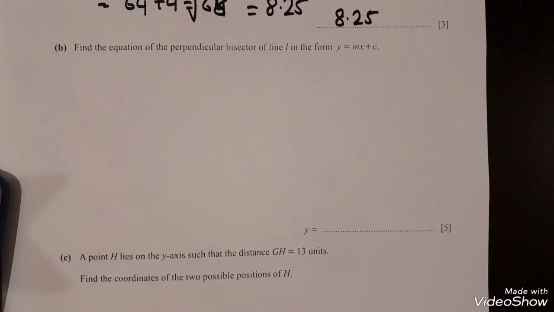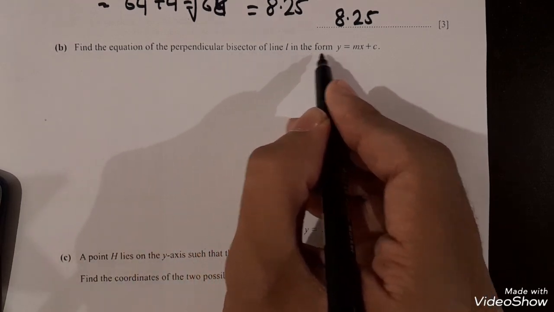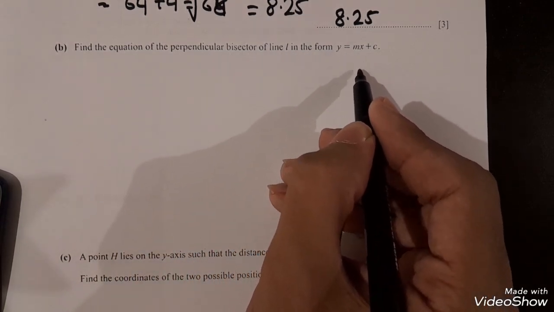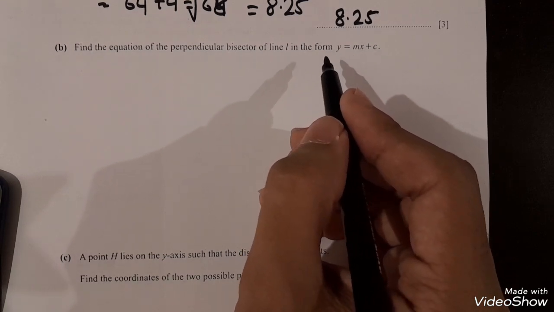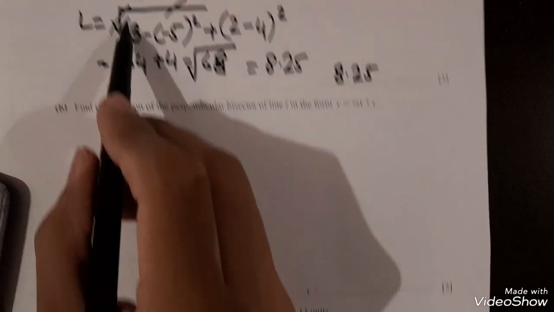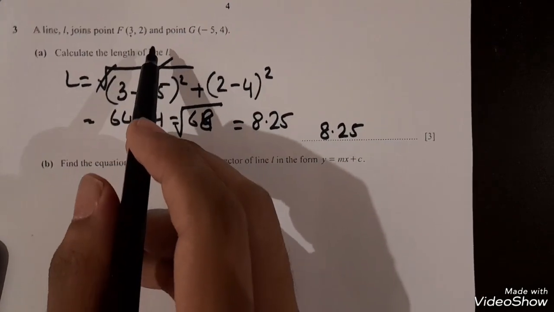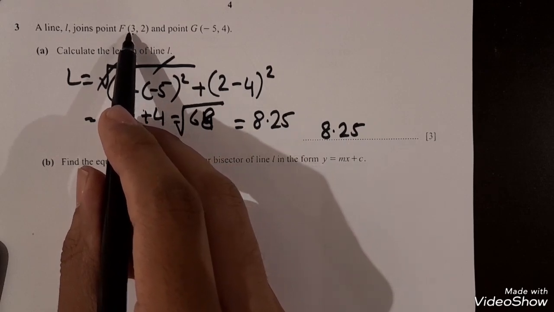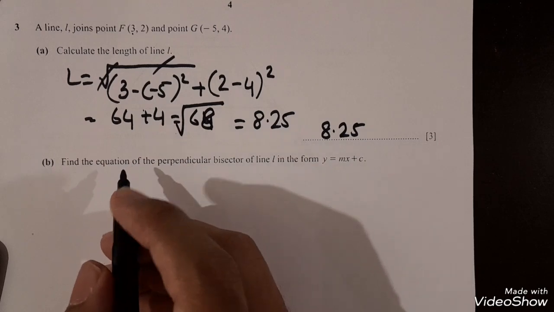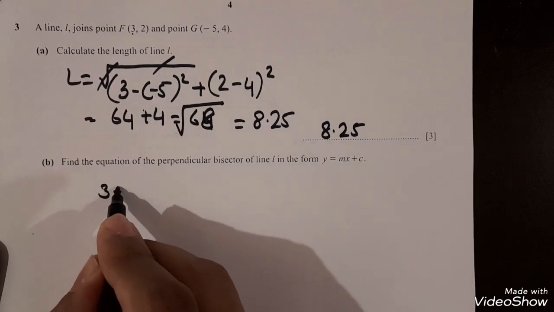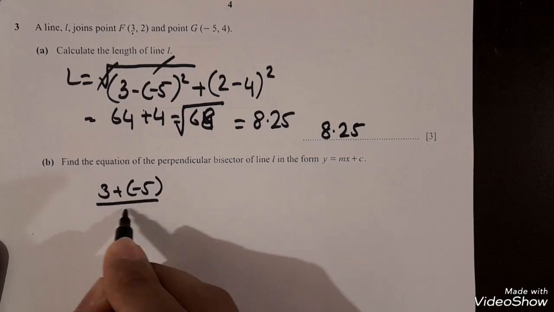Second part states: find the equation of the perpendicular bisector of line L in the form y is equal to mx plus c. So first we will calculate the midpoint of these two points. The midpoint between 3 and minus 5 is 3 plus minus 5 divided by 2.